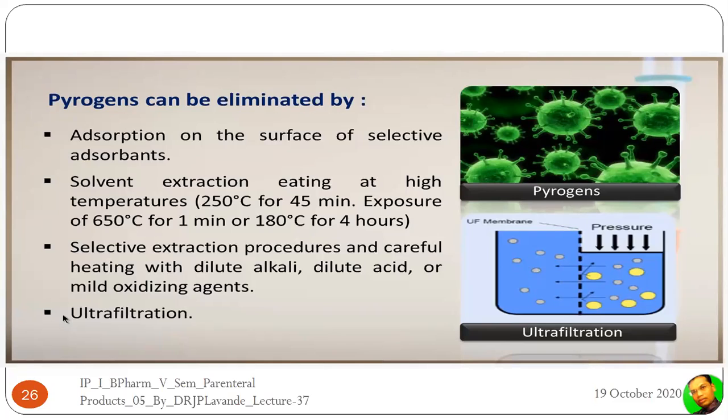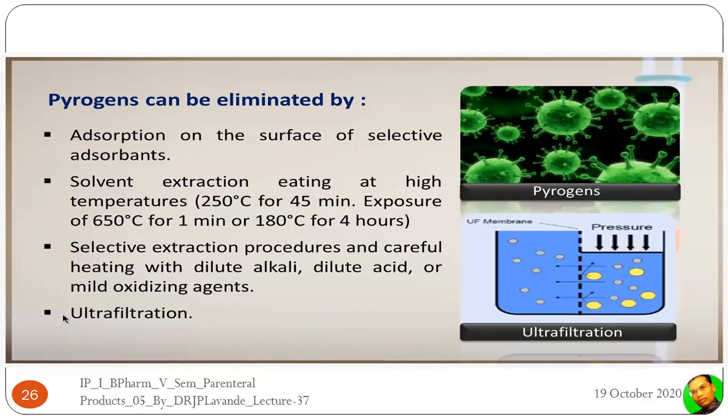You can see the relationship. As we increase the temperature, the duration of exposure decreases. As we increase the duration, the temperature required is less. There is an inverse relationship. At 650 degrees Celsius, just 1 minute is sufficient to eliminate the pyrogens. If we reduce the temperature from 650 degrees to 250 degrees Celsius, we have to heat it for 45 minutes.